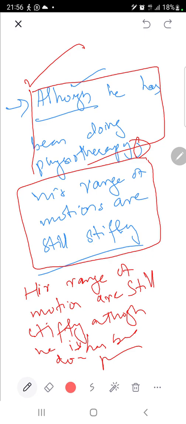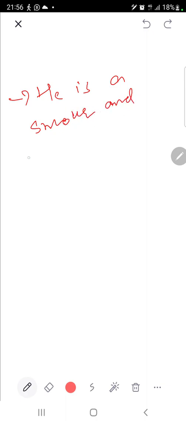Again, two rules that we discussed in one go so that you have an idea, but it's a complex sentence with two rules. Now we have a compound sentence. Let's say he is a smoker and drinker. With the help of a conjunction, we can combine two sentences together.